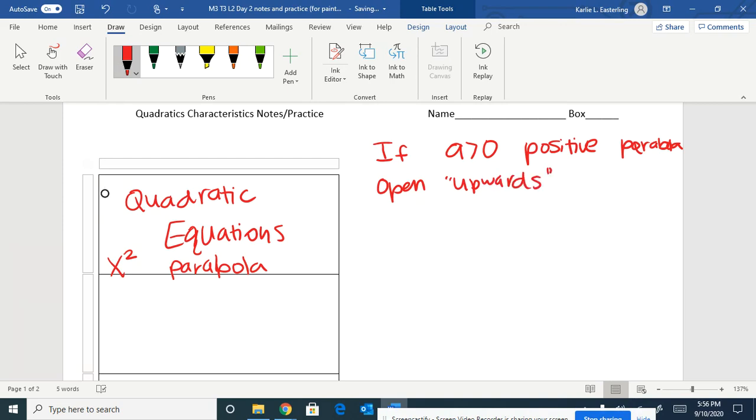Sometimes a different word helps you out a little more, but if a is positive or a is greater than 0, our parabola is going to open upwards. If a is less than 0 or a is negative, it means that our parabola is going to open downwards.